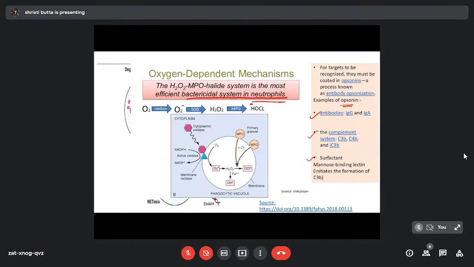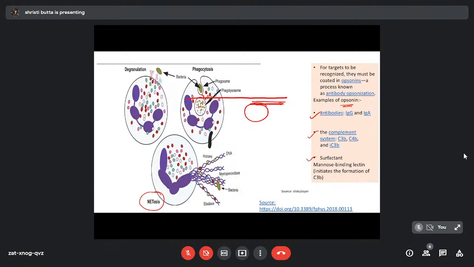This MPO halide system is very important. It happens when O2 in the presence of an oxidase changes into O2 minus. That in the presence of superoxide dismutase changes into H2O2, and that in the presence of MPO or myeloperoxidase changes into HOCl. So this HOCl is very important. This HOCl or the halide system is efficient enough to cause a bactericidal action. But besides this, there is another function of neutrophils, which is NETosis. We'll be coming to that in a bit.